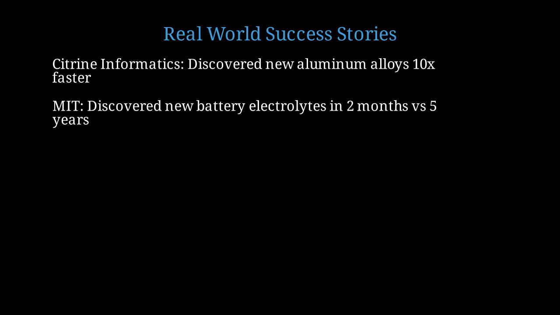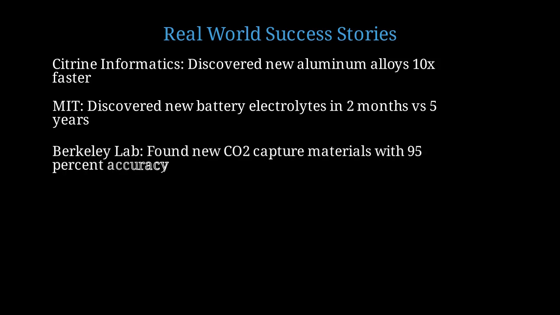Researchers at MIT used high-throughput screening with ML to discover new solid electrolytes for batteries. What would traditionally take 5 years of sequential experiments was accomplished in 2 months. Lawrence Berkeley National Lab applied this approach to discover metal-organic frameworks for carbon dioxide capture. Their models predicted CO2 uptake capacity with 95% accuracy, leading to discovery of record-performing materials.